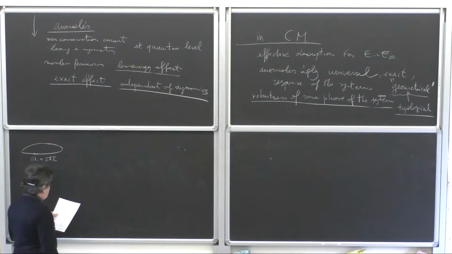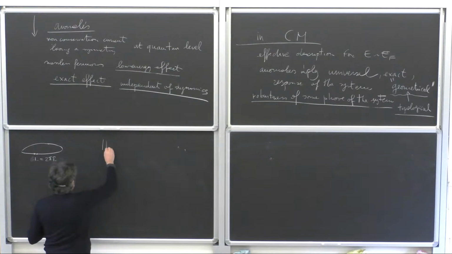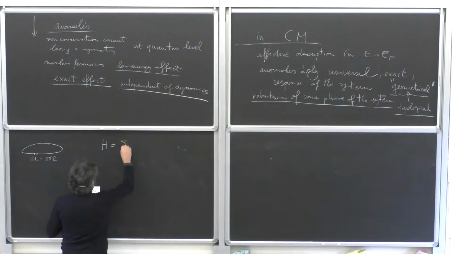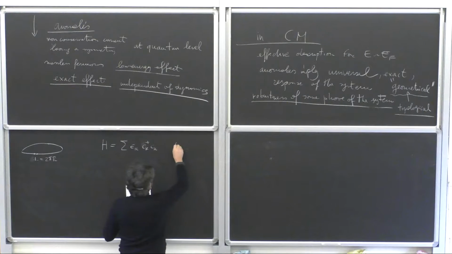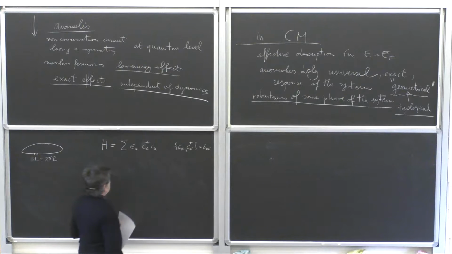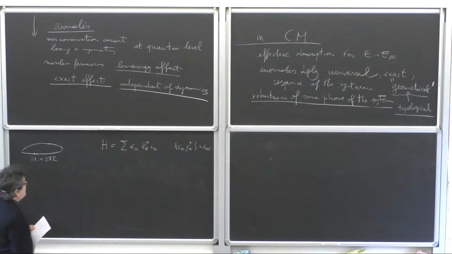So in general you will have a Hamiltonian of this form, where these are ordinary creation and annihilation operators of fermions.